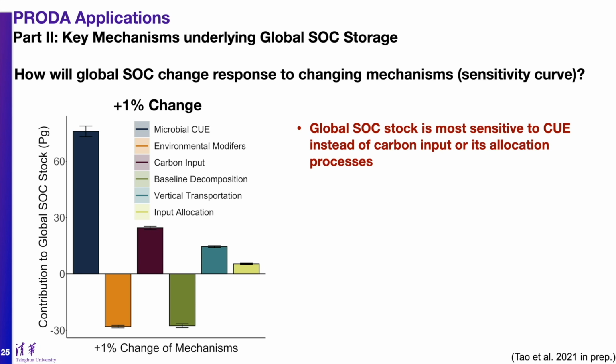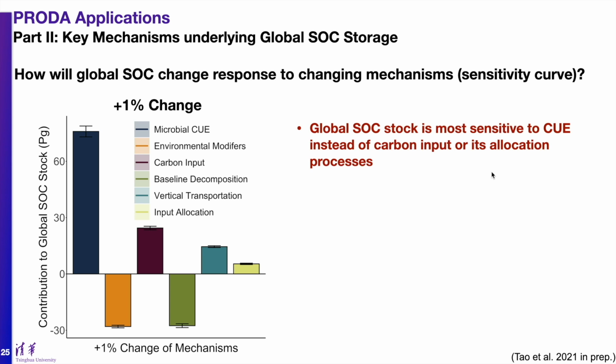The importance of carbon use efficiency can also be verified by the sensitivity curve of soil organic carbon. When we assign a +1% change to all mechanisms, changes of carbon use efficiency will lead to the strongest response of global soil organic carbon storage.